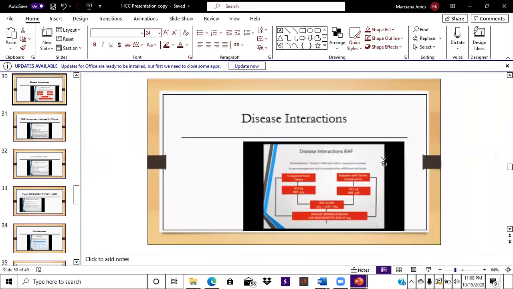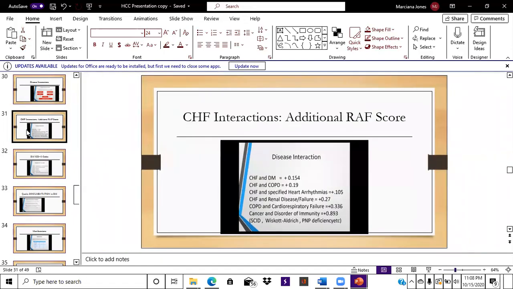Okay, so let me go to the next slide. Congestive heart failure interactions have additional RAF scores. You see how CHF and DM, which is diabetes, of course, is going to equal 0.154.